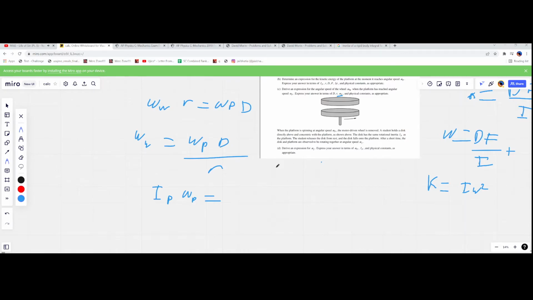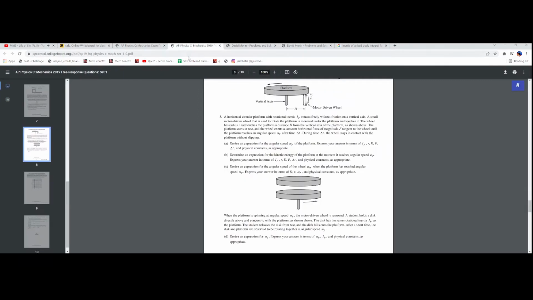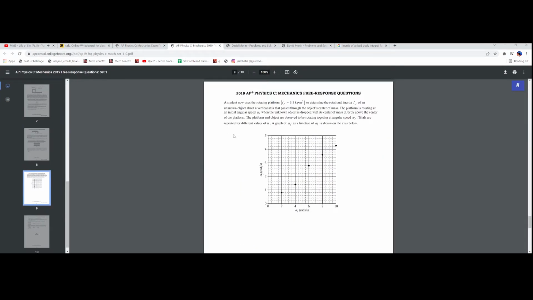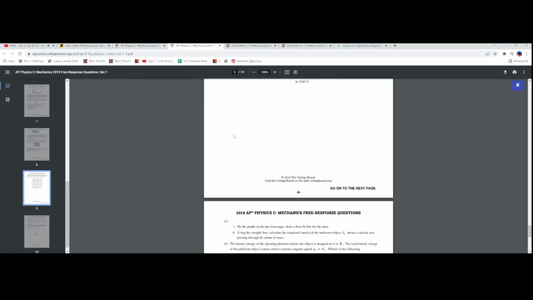Okay, this disc has the same rotational inertia as 2IP. WF. 2. That's not the right thing. Oh my god, what the fuck?